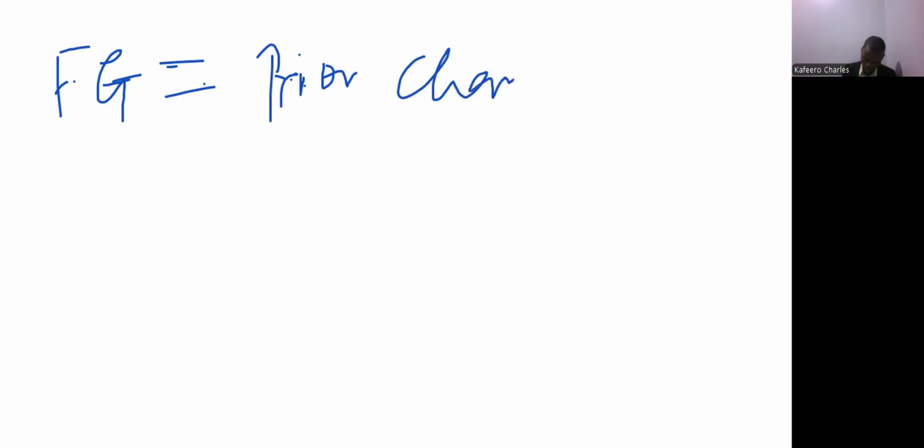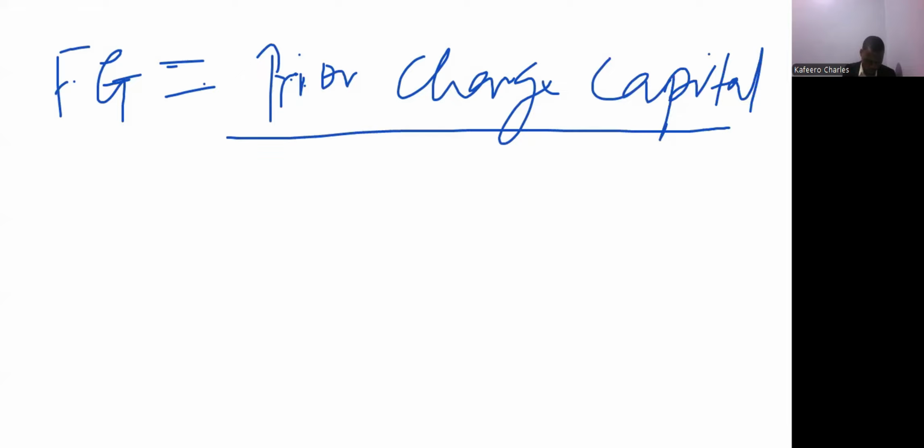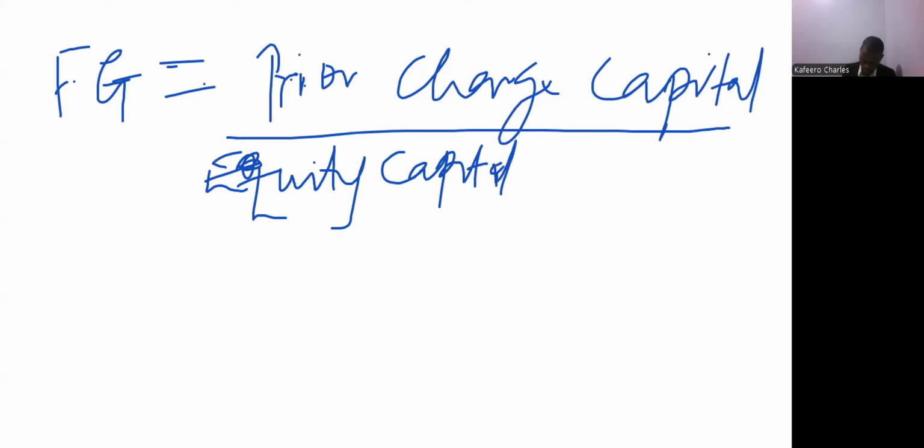Now, financial gearing, let me just use FG to mean financial gearing, just to create more space. Financial gearing equals prior charge capital over equity capital. This should also include reserves, including reserves if they are there.